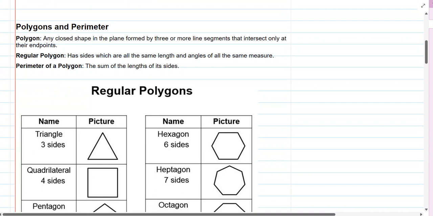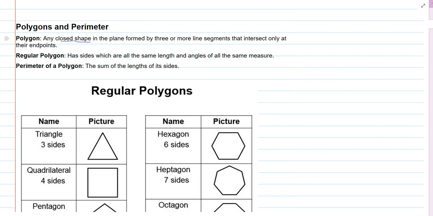Perimeter, like in the military, when they walk a perimeter, it means the edges, but it's the measurement of the edges. Whereas a polygon is any closed shape in a plane, that means two-dimensional, formed by three or more segments that intersect at their endpoints.